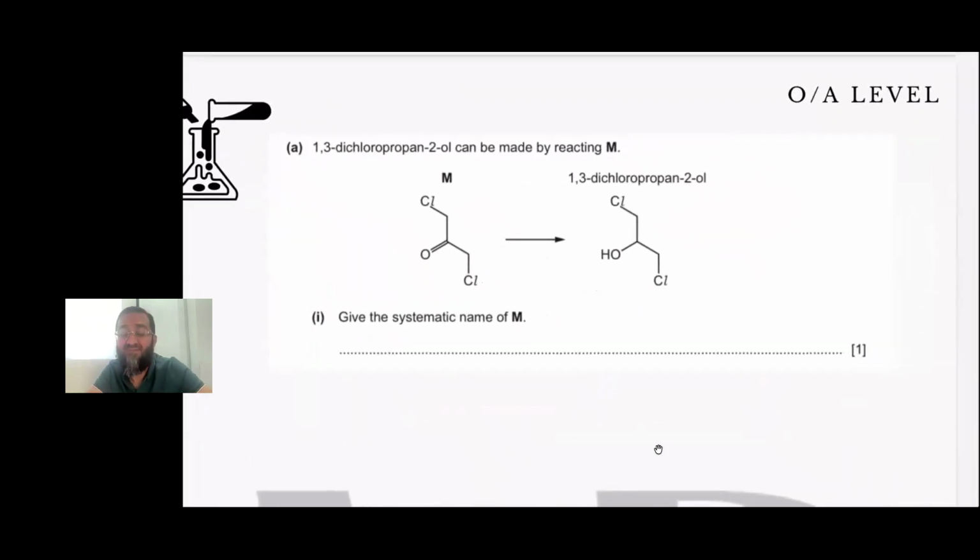See, 1,3-dichloropropan-2-ol can be made by reacting M. So they have given you the name of the product and the name of the reactant is required.